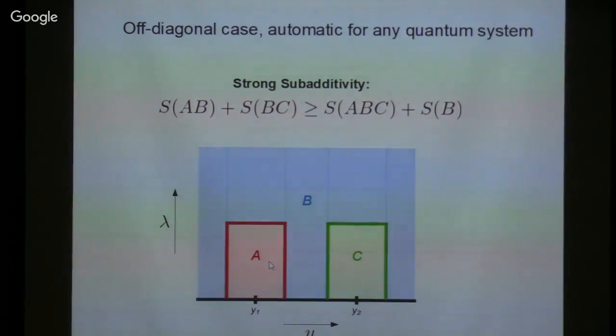It's called strong subadditivity. It says the entropy of a system AB plus the entropy of a system BC is always greater than or equal to the entropy of the union plus the entropy of the intersection. So this part's just automatically proven.